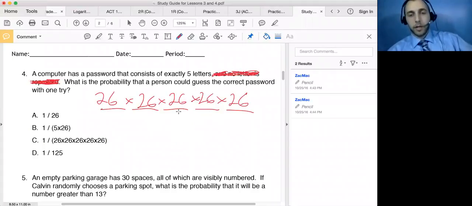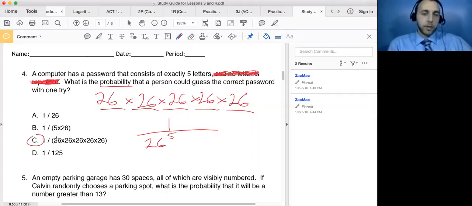And fortunately, we don't have to actually multiply this together because if you look at the answer choices, it's looking for a probability that a person could guess the correct password with one try. So that would be one possible password out of the total 26 times itself 5 times. I'm just going to write 26 to the 5th. That's the same thing as letter C. 26, 5 times.